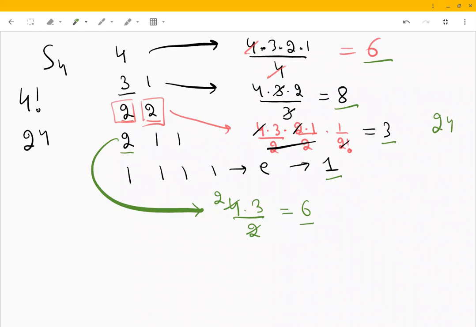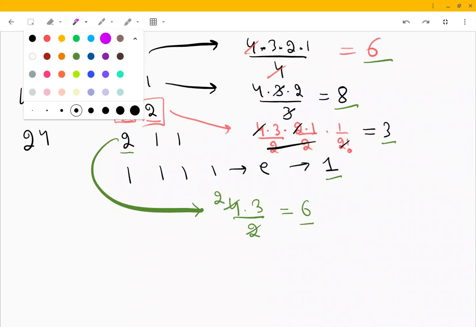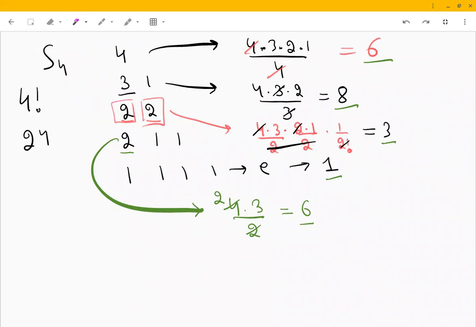Now let's understand what I just did. I'll begin with the first one. This is pretty obvious. There are 4 elements in the set. I'm not talking about the elements in the group S4.